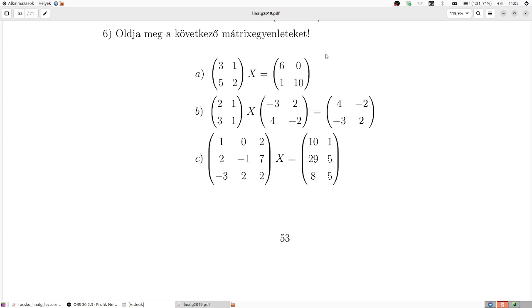Okay, I calculate the subdeterminants. That's quite easy, actually.